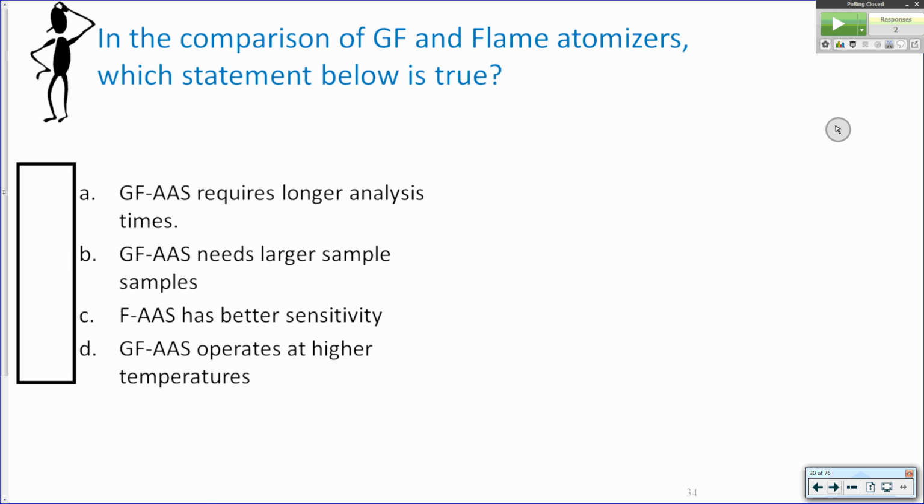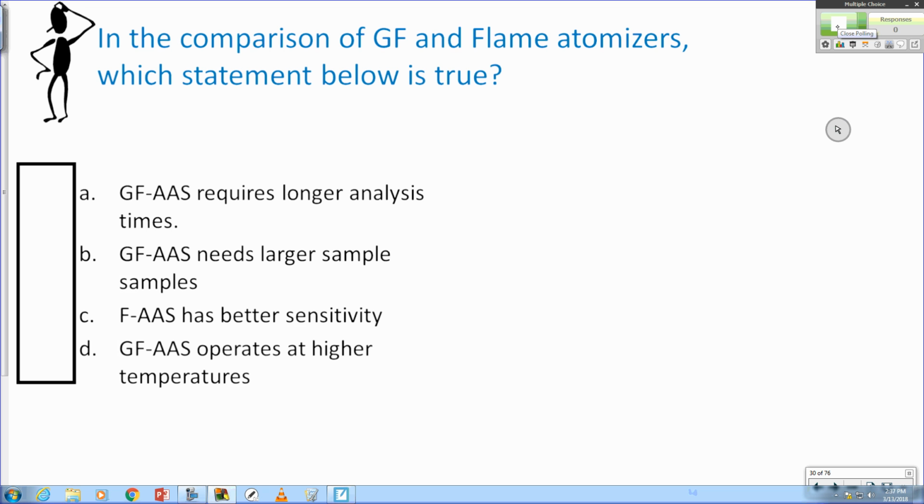Okay, so I hit you with all the clickers at once. So compare graphite furnace and flame. Which statement's true?